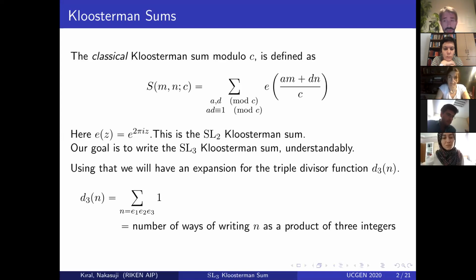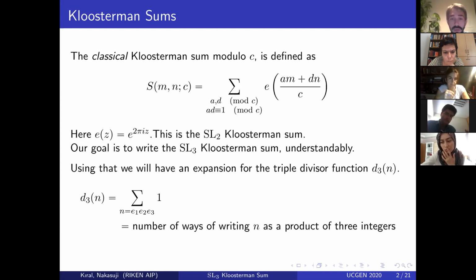And using that, we would be able to have an expansion for the triple divisor function. That is the number of ways of writing n as a product of 3 integers, or variants thereof.